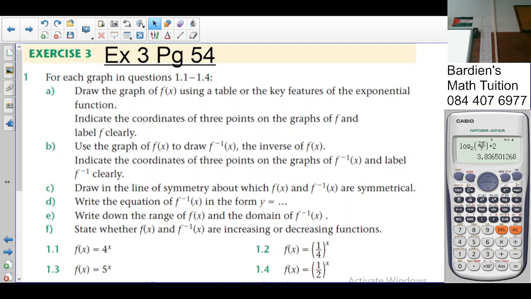That suffices to draw these graphs. Indicate the coordinates of 3 points on the graph of f and label f clearly. So minus 1, 0, and 1 is enough. So let's do 1.1.